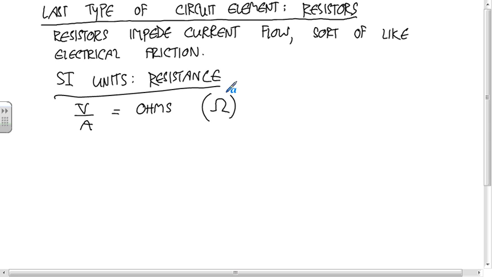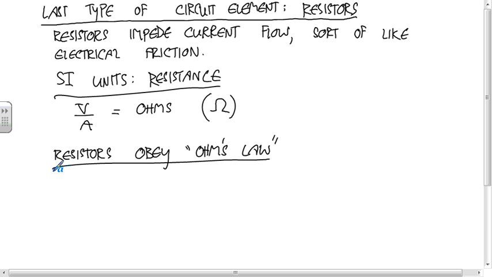I think that's a capital omega. And resistors obey Ohm's law, which says this. You may have heard this before somewhere in passing. The voltage is equal to the current times the resistance. But I have to tell you strictly what all of these mean.